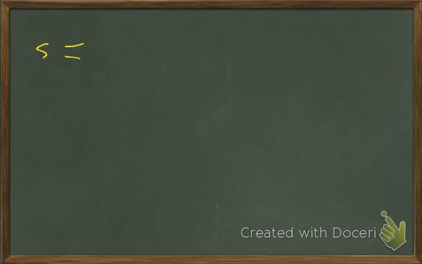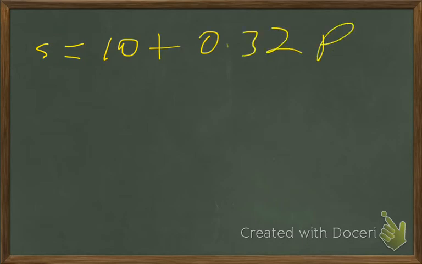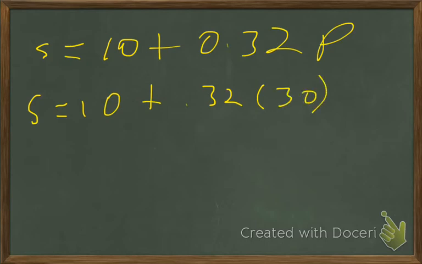Let's say we have 10 plus 0.32p for push-ups, and he did 30 push-ups. So s equals 10 plus 0.32 times 30.